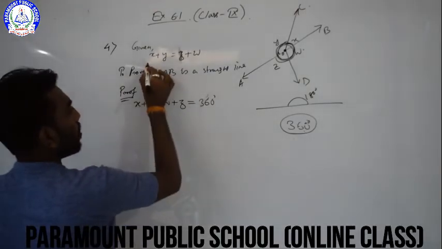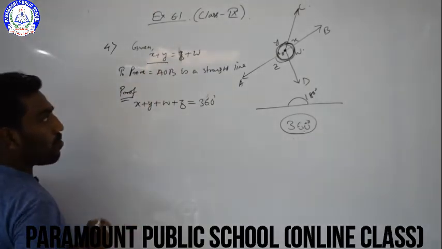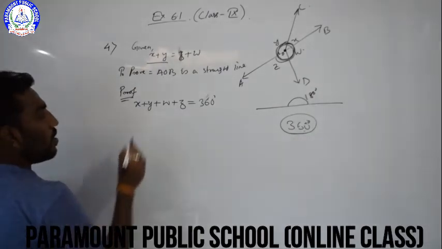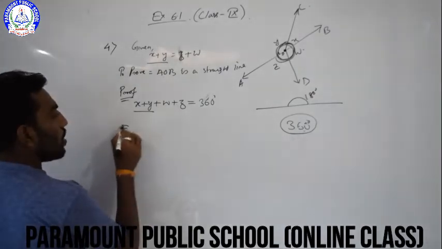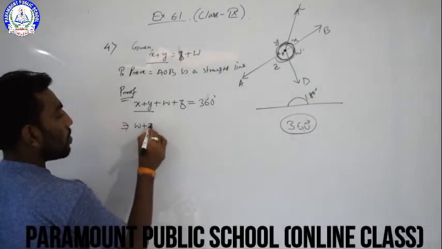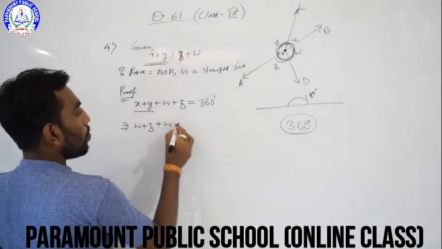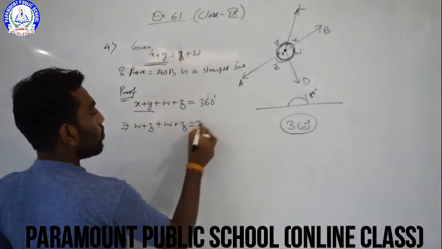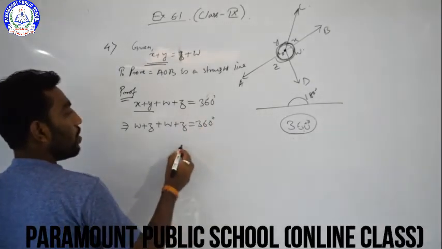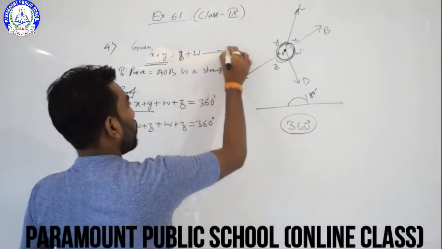So from the given condition, x plus y is equal to w plus z. So in place of x plus y, I can write w plus z. This is from here, plus w plus z is equal to 360.